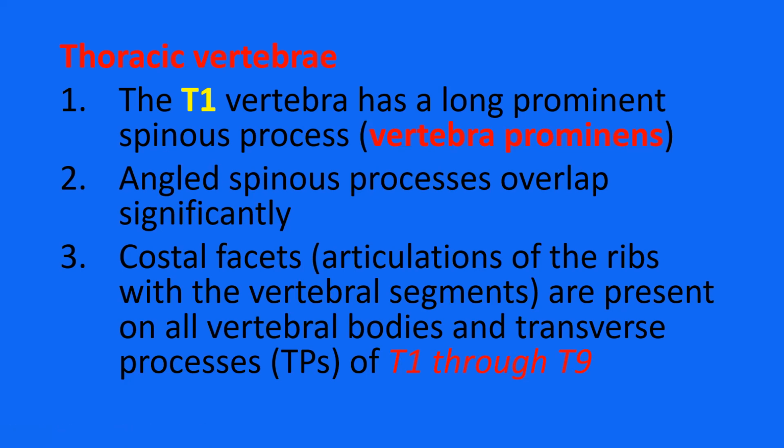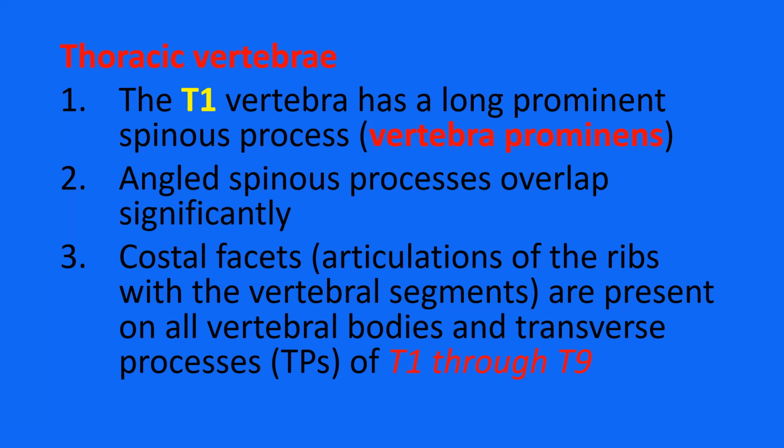The costal facets, articulations of the ribs with the vertebral segments, are present on all vertebral bodies and transverse processes from T1 through T9. Let me explain why the thoracic spine is more stable than other areas.